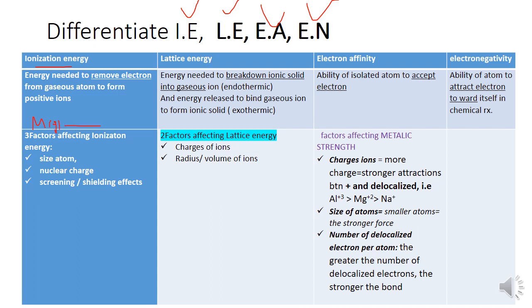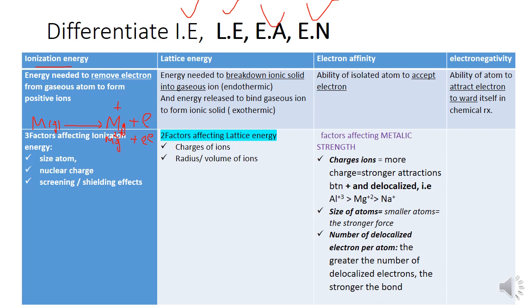It moves to form a gaseous ion plus one electron. This is the first ionization energy. If it is the second ionization energy, we have 2+ plus 2 electrons. If it is the third, we have 3+.